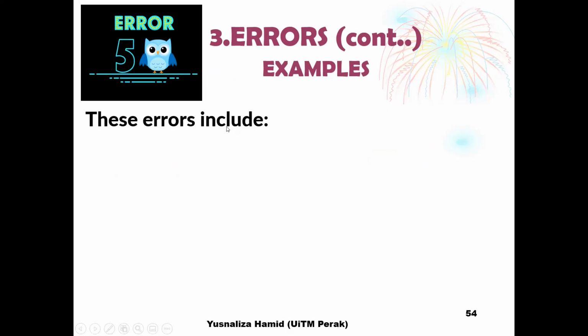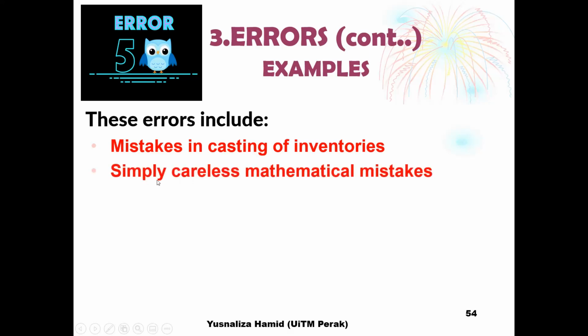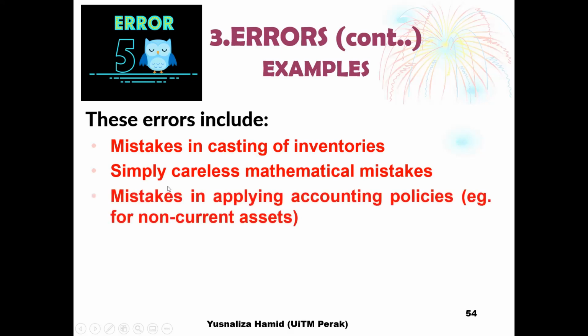Some examples of errors include mistakes in casting of inventories. These were laid down by the paragraphs under MFRS 108. Go and check the MFRS itself, check your textbook, chapter 5 on MFRS 108. Check the pages in those books and also in the MFRS. Simply a careless mathematical mistake, a casting error, for example.